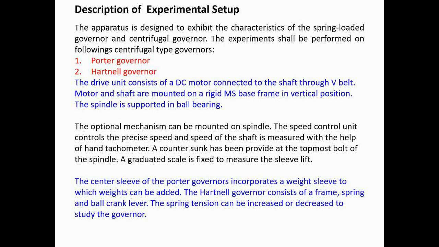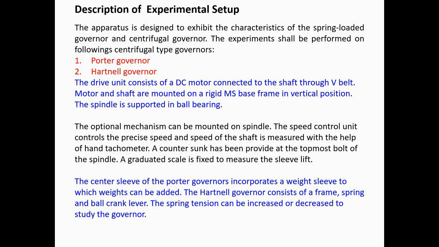In general, the drive unit consists of a DC motor connected to the shaft through a V-belt, and the shaft is mounted on a rigid MS base frame in vertical position. The spindle is supported in ball bearing.